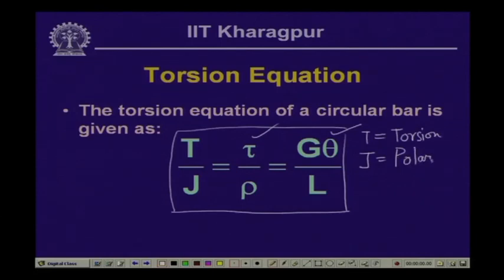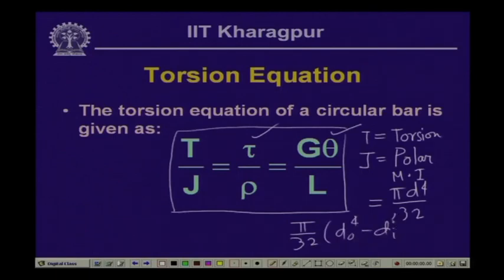As you have seen, for a solid section the polar moment of inertia is pi d^4 by 32, where d is the diameter of the bar, and for a tubular section this becomes pi by 32 times (d outer to the power 4 minus d inner to the power 4).